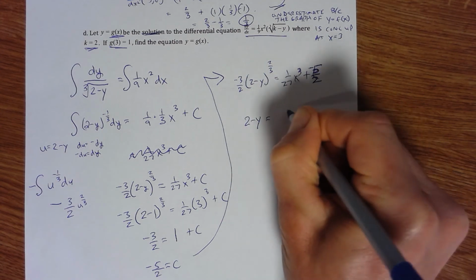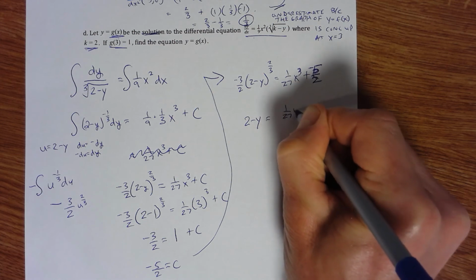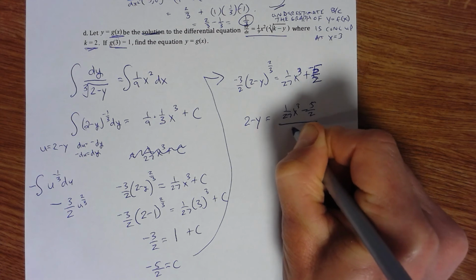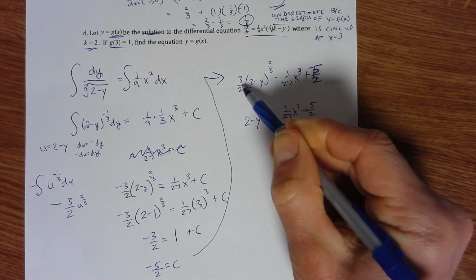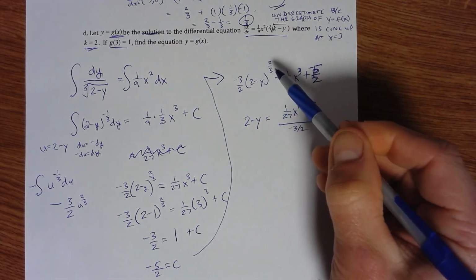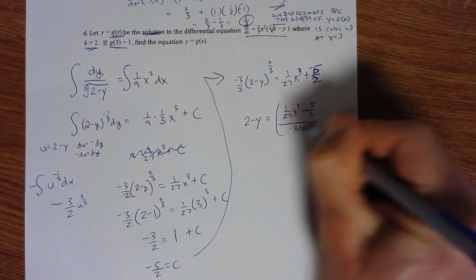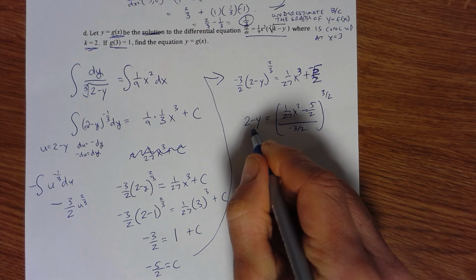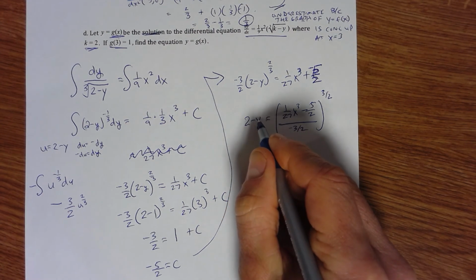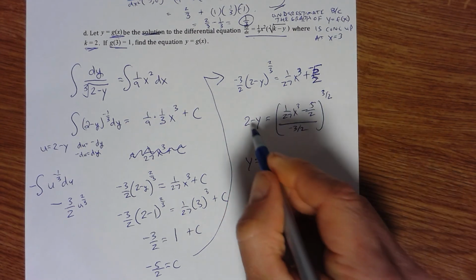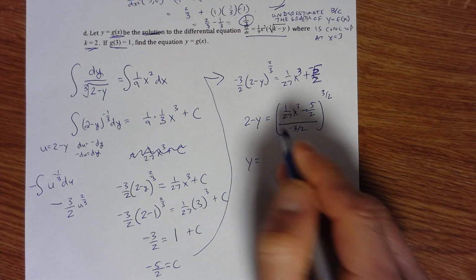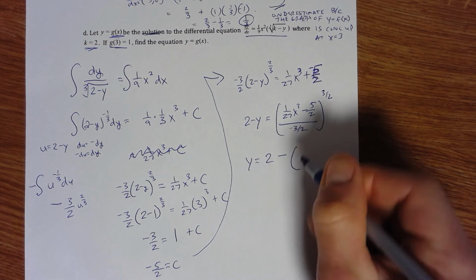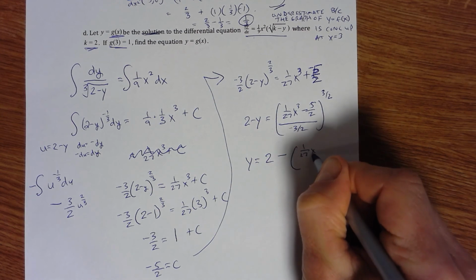So I get 2 minus y equals 1/27 x to the third minus 5/2, divided by this -3/2 from here. And then to get rid of the 2/3, I'm going to raise both sides to the 3/2. I'm going to subtract 2 and multiply everything by negative. So if I subtract 2 from both sides, I'm going to have a -2 on this side. It's become positive. And then this is going to be a negative, this quantity right here.